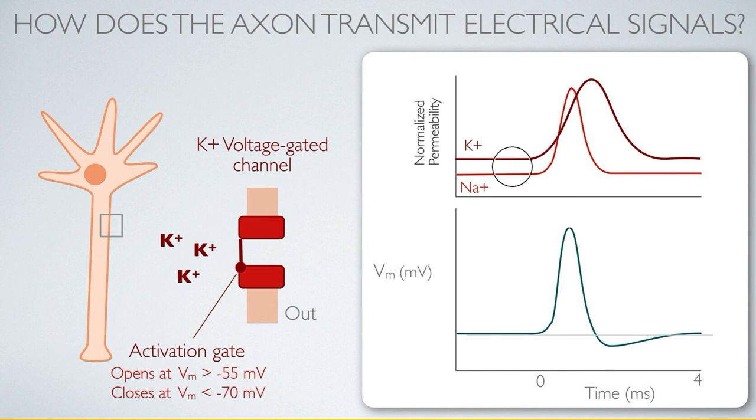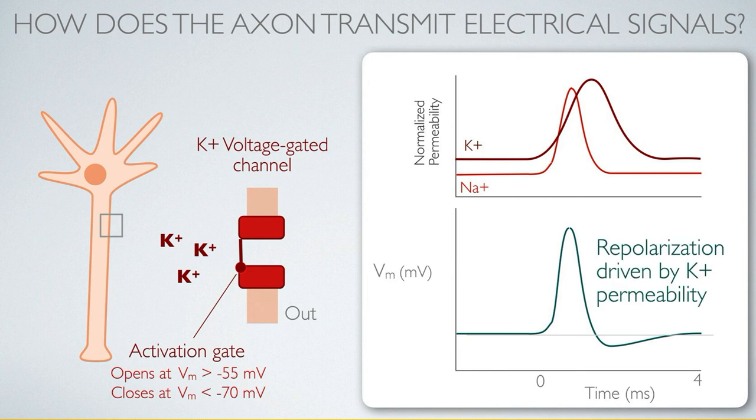So while the sodium permeability is surging, it drives the depolarization. But later on, the slow potassium channels eventually catch up, and that delay allows them to play a role in the repolarization. Okay, so the repolarization is driven primarily by this potassium permeability. If we march through time, we're at rest here.